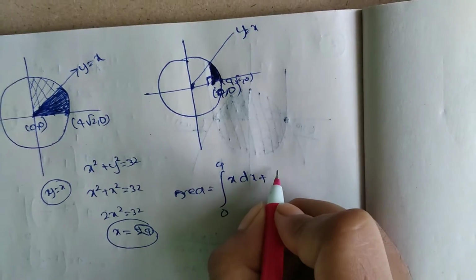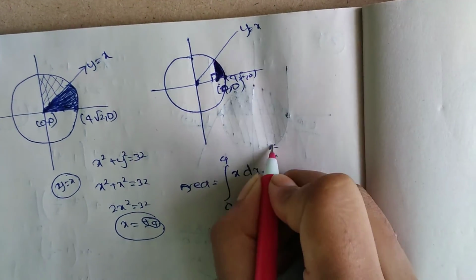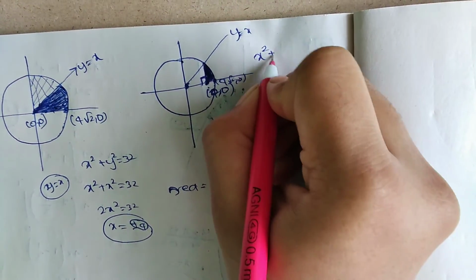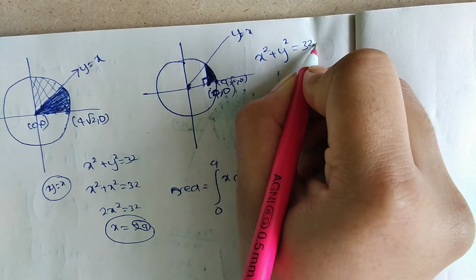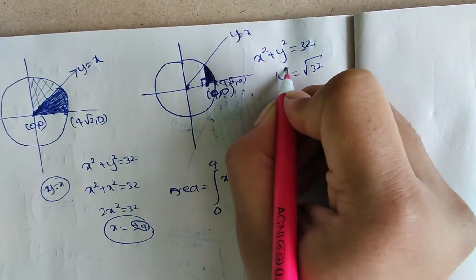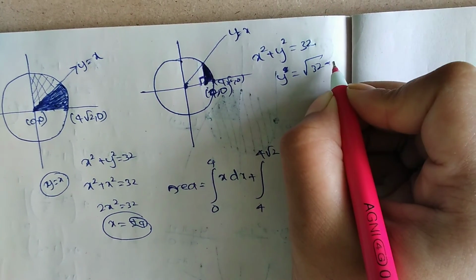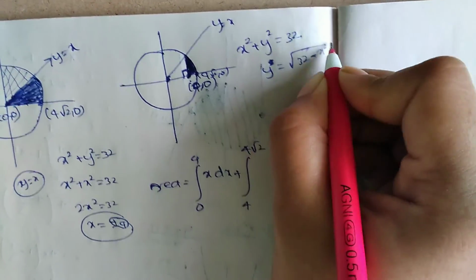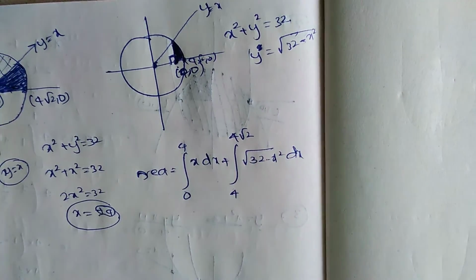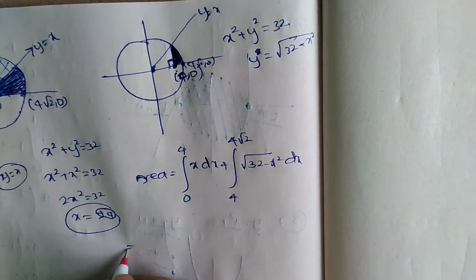So how do you do it? Directly, 4 to 4 root 2. What is the circle equation? X square plus y square is equal to 32. How can you write y as under root 32 minus x square? That's it. Dx.